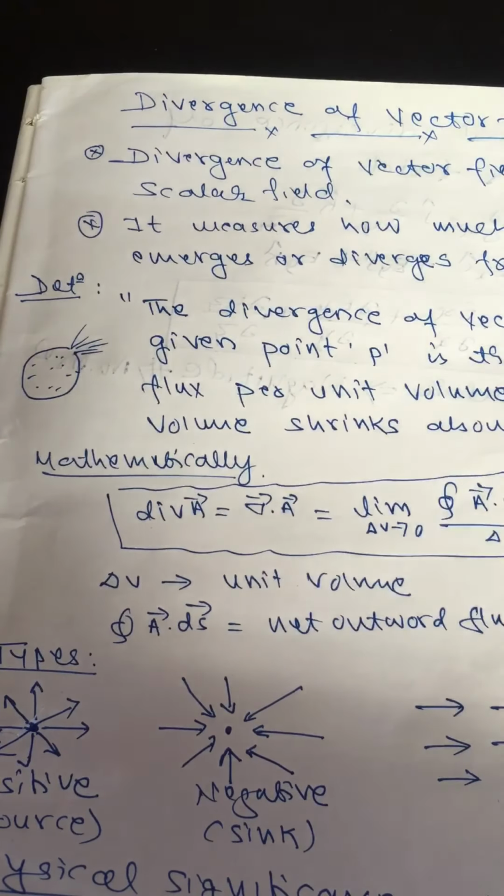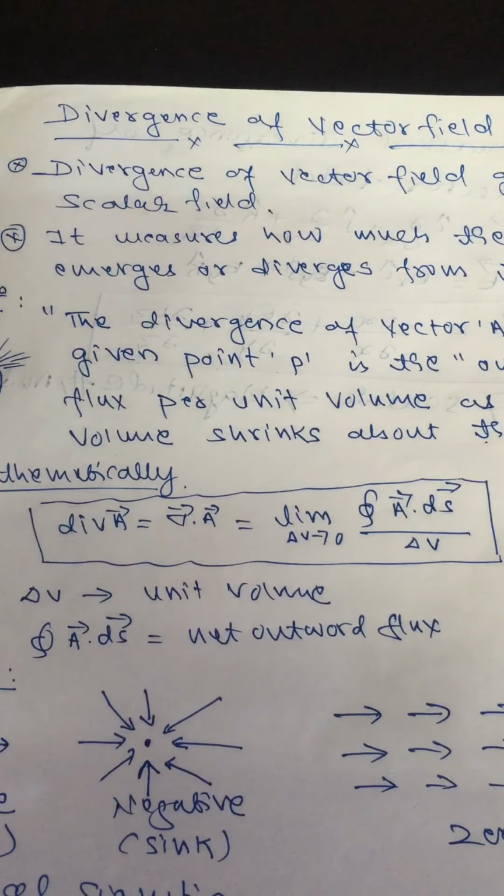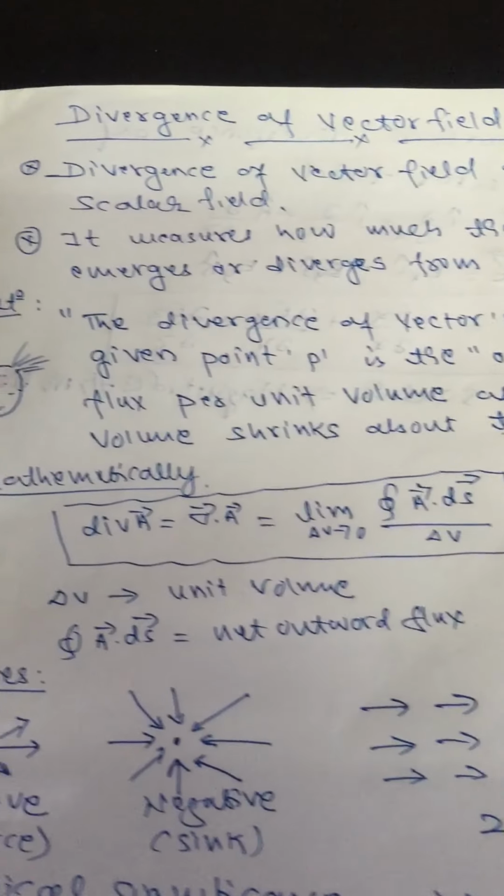Mathematically, you write divergence A is equal to del dot A equal to the limit as delta V, the unit volume, tends to zero, of the surface integral of A dot dS divided by the volume dV. The surface integral of A dot dS gives the net outward flux.